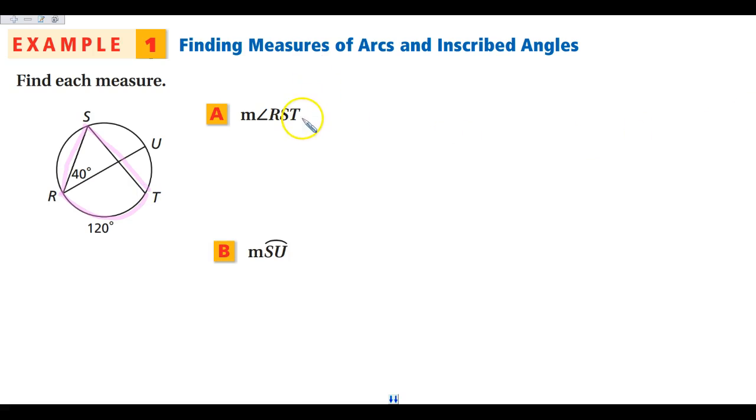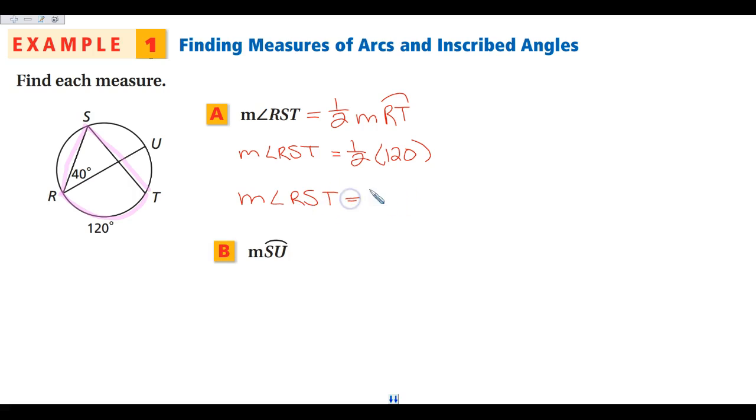So the measure of angle RST is going to be half of the measure of arc RT, because that's the arc that it hits, so it'll be the inscribed angle's half the arc. So that means that the measure of angle RST is going to be half of 120 degrees. So the measure of angle RST is going to be 60 degrees.